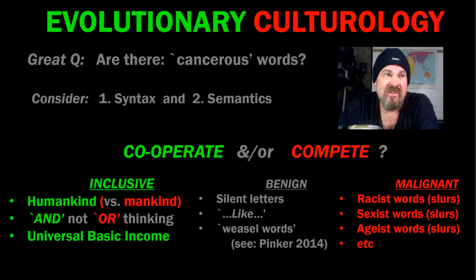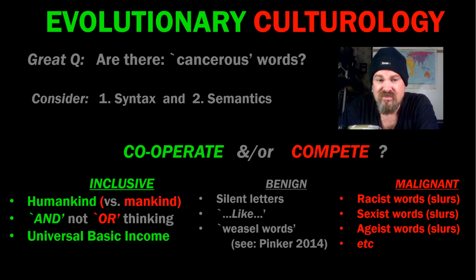So it's "and" not "or" thinking. And you could include ideas like universal basic income as opposed to perhaps more competitive ideas such as the invisible hand or trickle-down economics, which have been shown to be kind of flawed ideas.